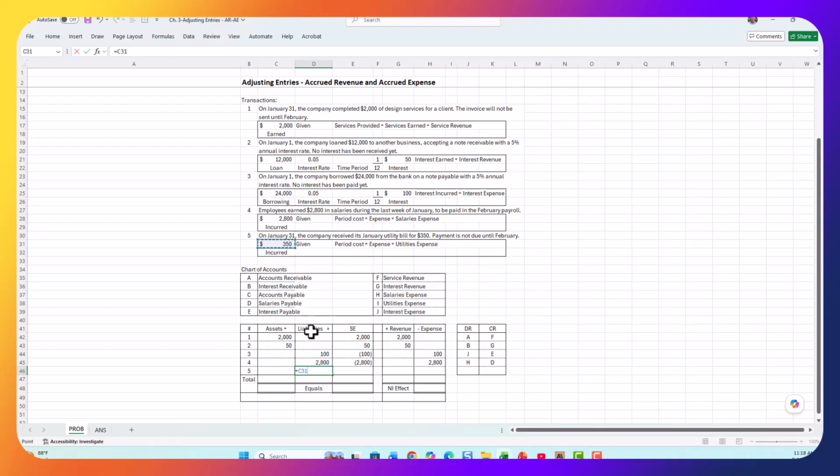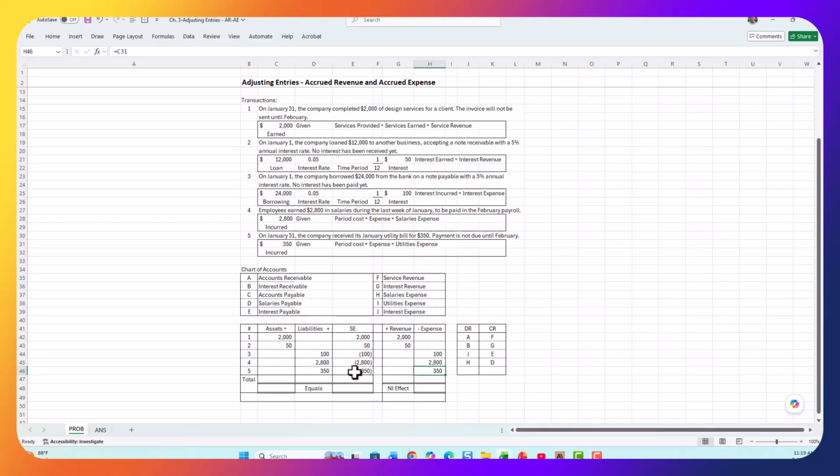For this transaction, we're going to increase our liabilities for $350 and decrease our stockholders' equity for $350. The decrease in stockholders' equity is a result of the utility expense that we incurred during the month.